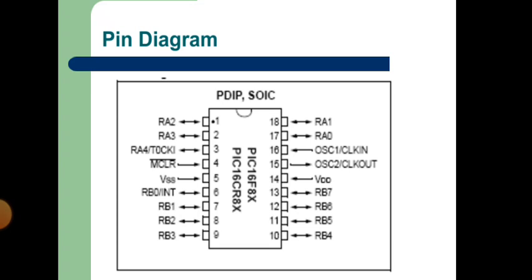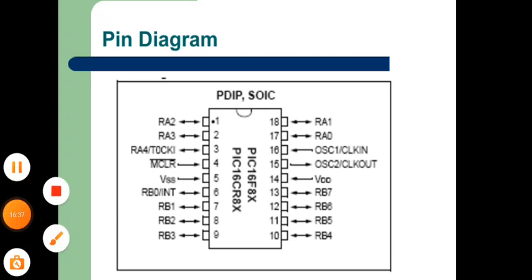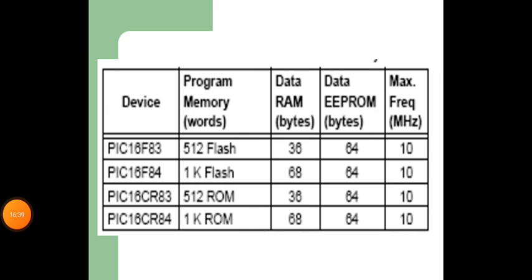Moving on. They're giving us different microcontrollers that are being produced by Microchip Technology, where there is PIC16F83, whose program memory is 512 flash.